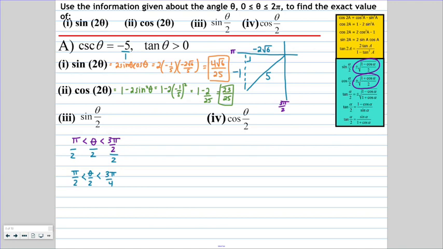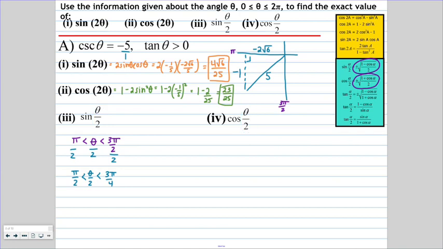We get that half of our angle, theta over 2, has to be between pi over 2 and 3 pi over 4. Remember, I'm doing this because we're evaluating the sine of theta over 2 and cosine of theta over 2, and the half angle expansions for sine and cosine require us to figure out whether the sign is plus or minus. Don't know yet.